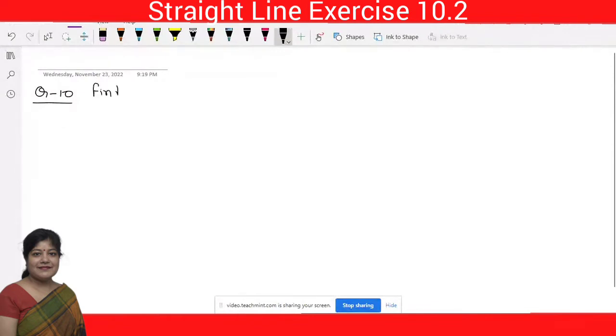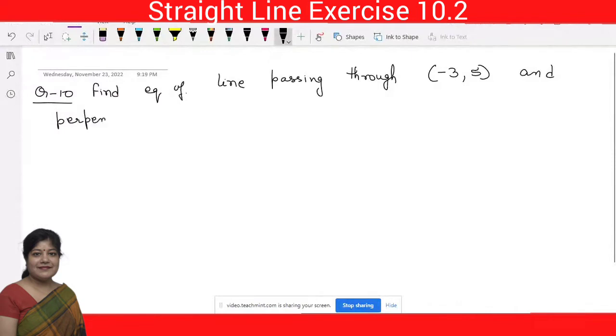Find the equation of line passing through minus 3 comma 5 and the line through.